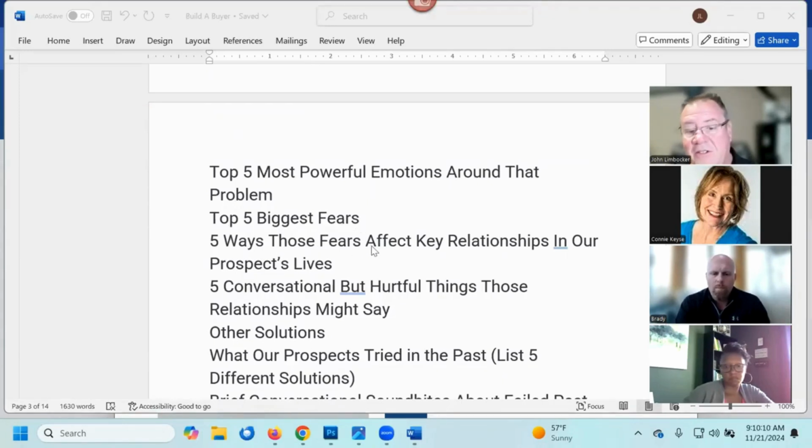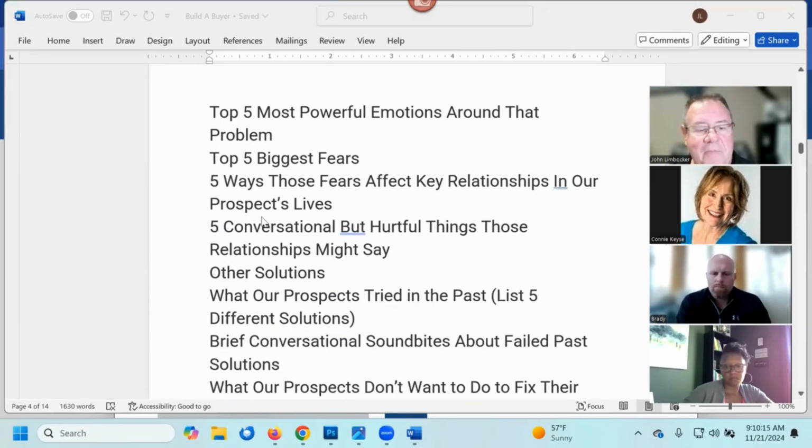A way those fears affect key relationships in our prospects' lives. Conversational but hurtful things those relationships might say. Again, if you didn't do that first part, letting it off the hook that you're not going to use this information for bad, this would block you. You would get blocked at this juncture. So it's really important that you get that other part first.